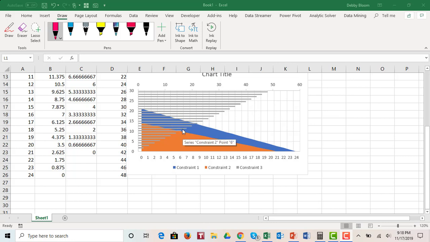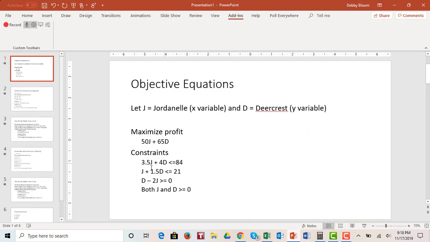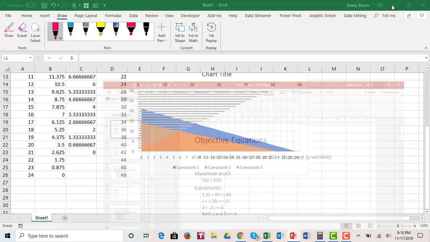Our intersection over here is the intersection where constraint 2 and constraint 3 equal each other. Just to remind you of the original formulas, constraint 2, j plus 1.5d, we turned that into an equality, so that equals 21, and d minus 2j equals 0, so d equals 2j.